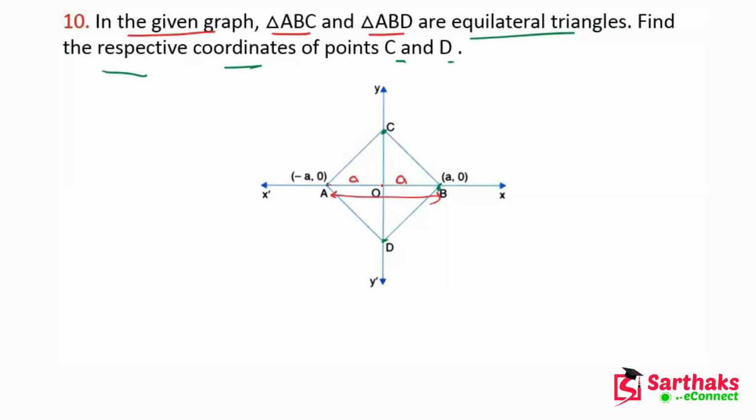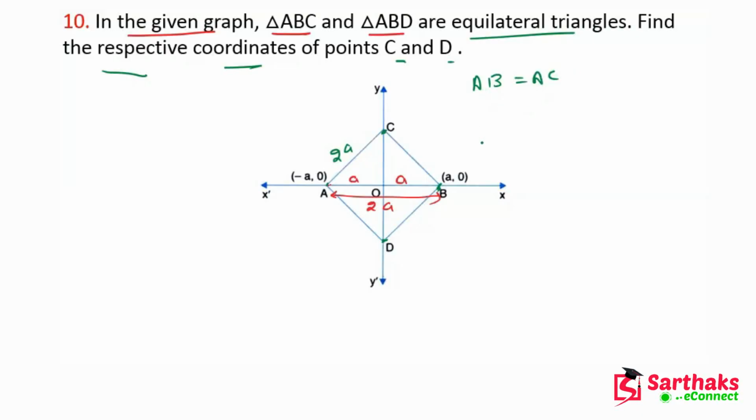It means O is the midpoint of AB. So AB is twice a. Since AB is 2a, AC is also 2a, because AB equals AC in an equilateral triangle.